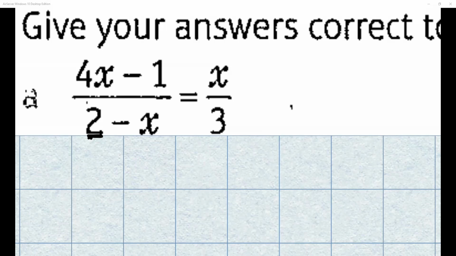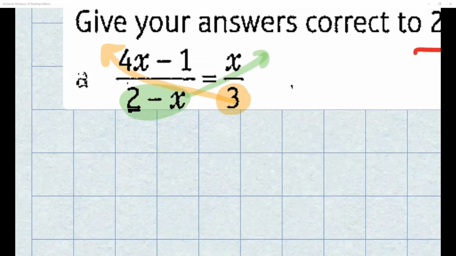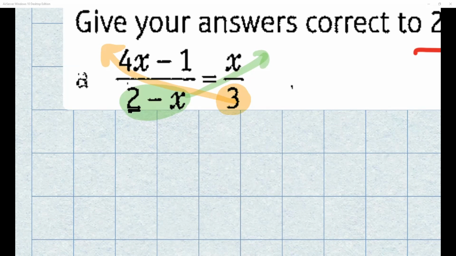So cross multiplying means the bottom here can go up here, and also the bottom on the right hand side can go up here. So the opposite of divide by 3 on the right becomes times by 3 at the top on the left. The opposite of divide by 2 minus x on the left hand side becomes times by 2 minus x on the right hand side. So everything is kind of crossing over.